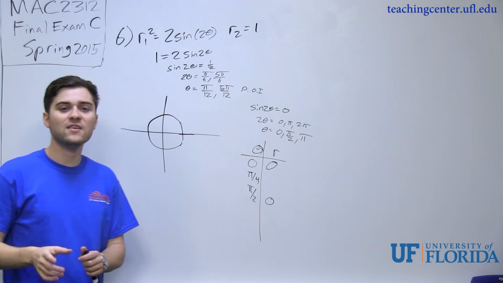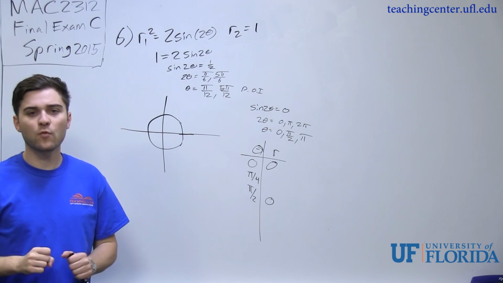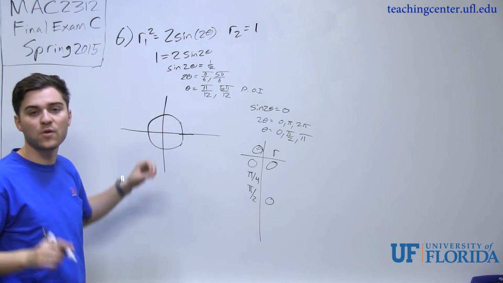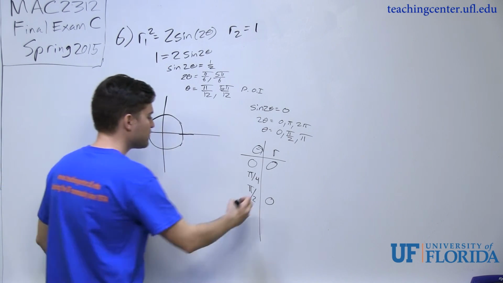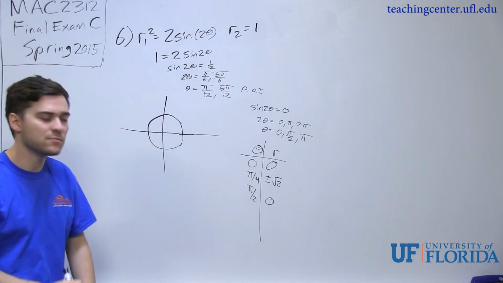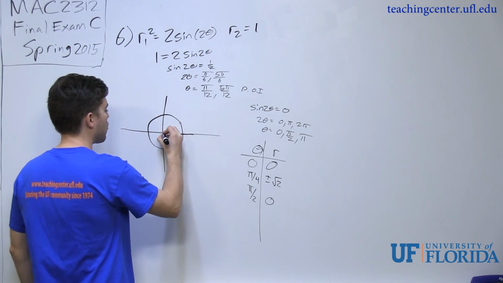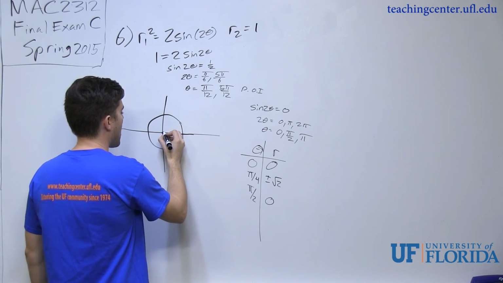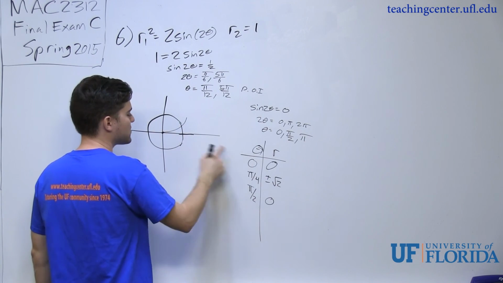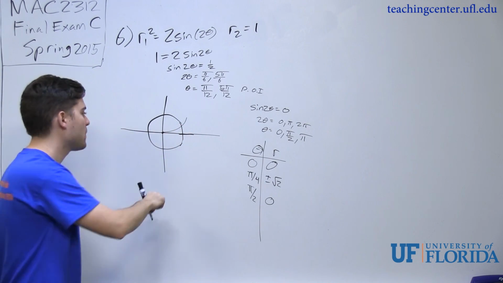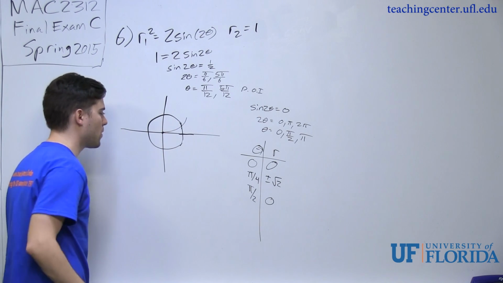Remember, when you're graphing these infinity signs, there's a couple different ways you can do it. The way I usually prefer is taking the square root of this, so I end up with plus or minus square root of 2. I'm going to graph it at the same time. I know that my starting point in this case is going to be 0. At pi over 4, I'm going to extend out to a radius of square root of 2, which should be greater than the radius of my circle, because the radius of my circle is only 1.